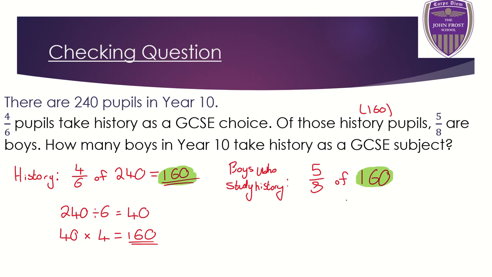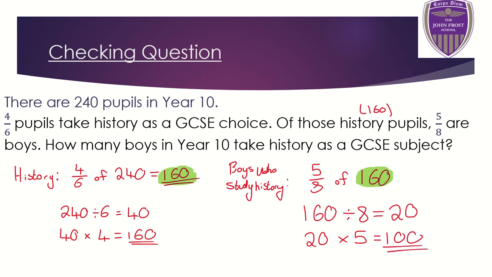And final time now, 5/8 of 160: we take our 160 and divide it by 8. And again, we should know what 16 divided by 8 is. That's 2. But 160 divided by 8 will be 20, so 10 times bigger. Finally, times it by the top number. So 20 times 5, well, hopefully you know that is 100. And that is our final answer for the question.